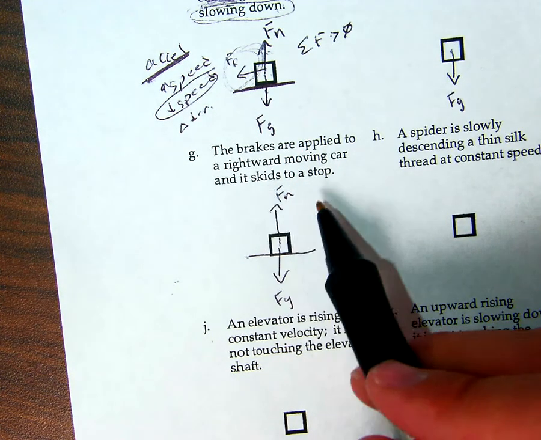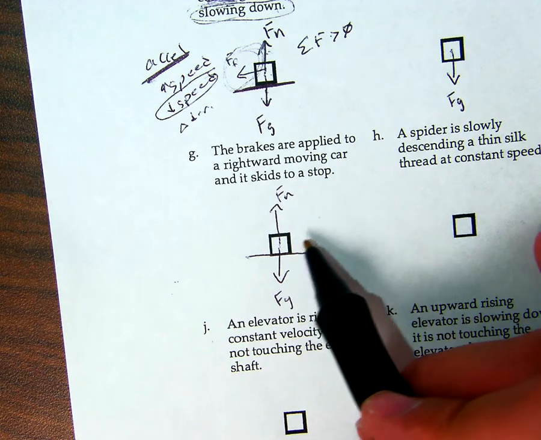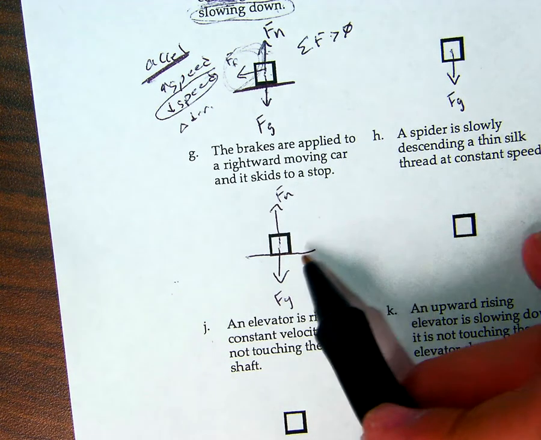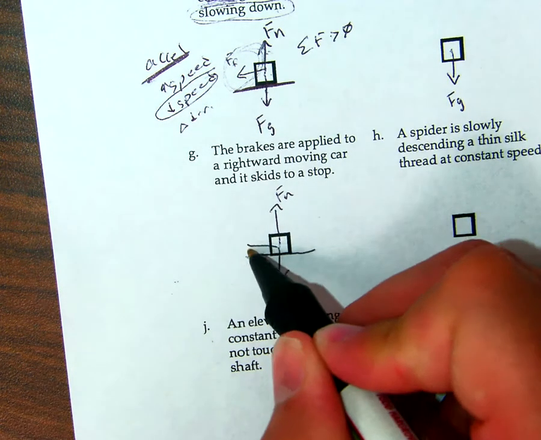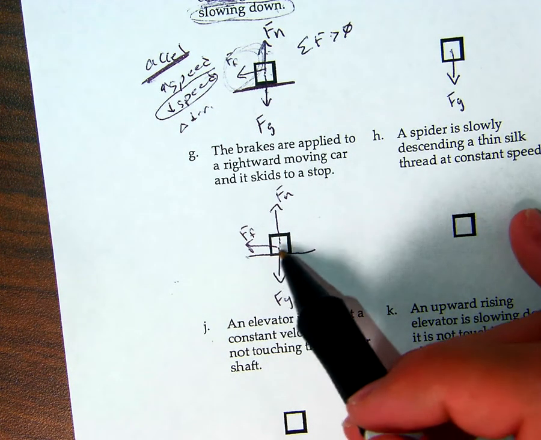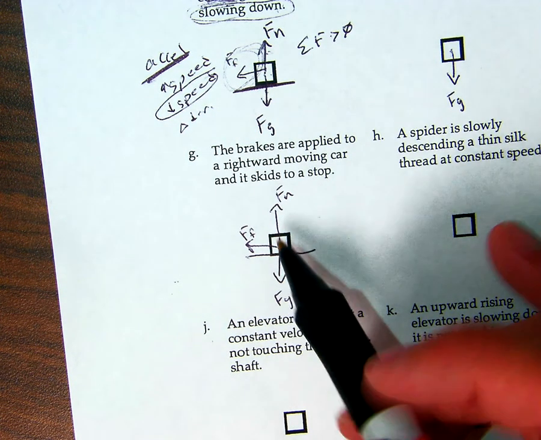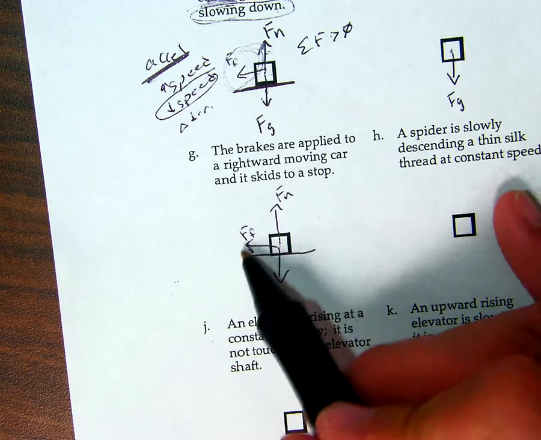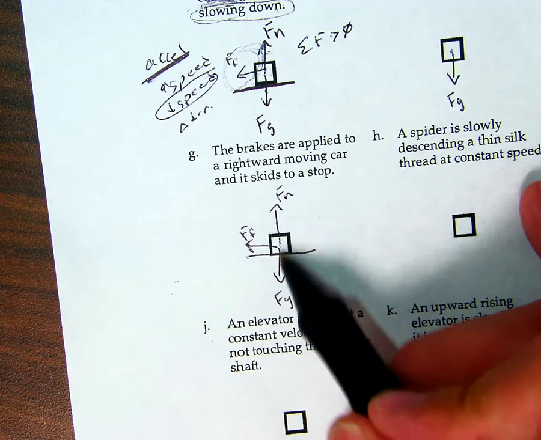Brakes are applied. It skids to a stop. So there is no applied force. It's moving to the right, but there's no applied force. We have the frictional force of the brake. So the friction between the brake and the tire causes opposing motion, so we have a frictional force. So these two cancel out.